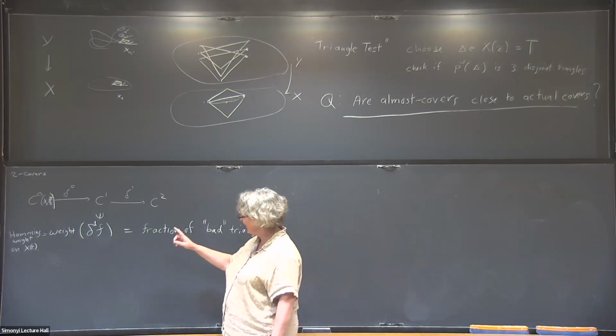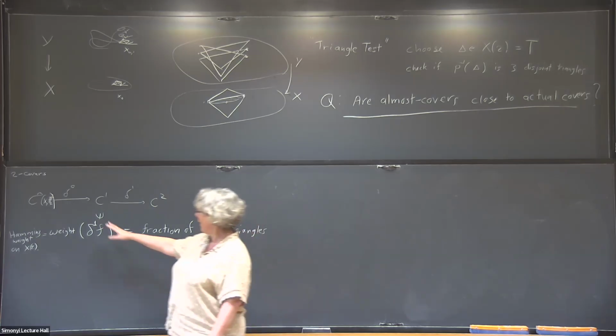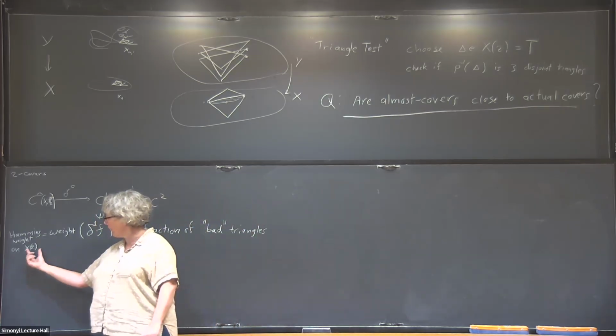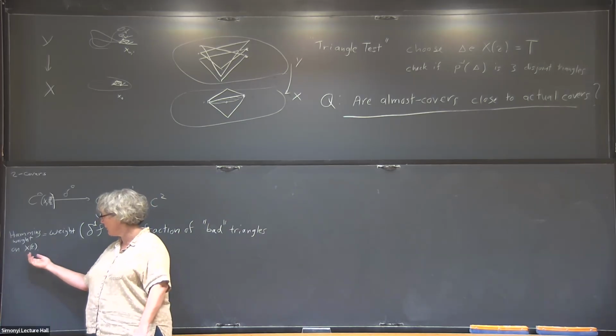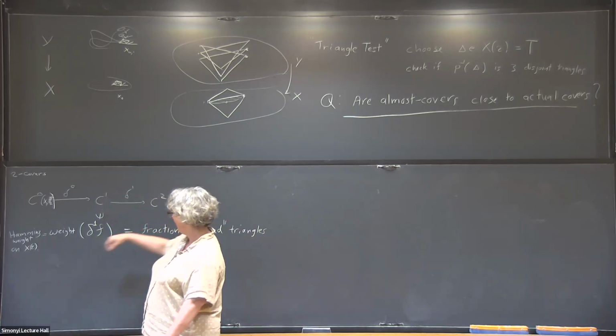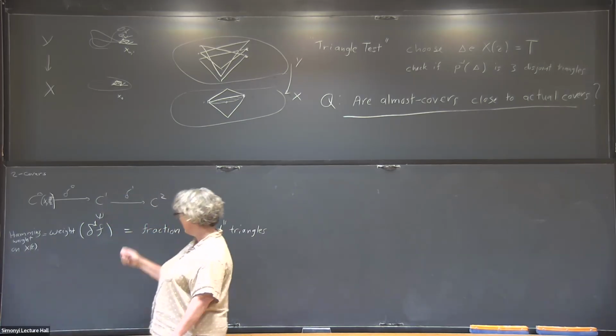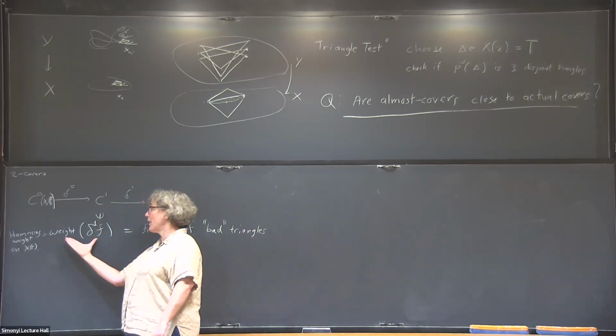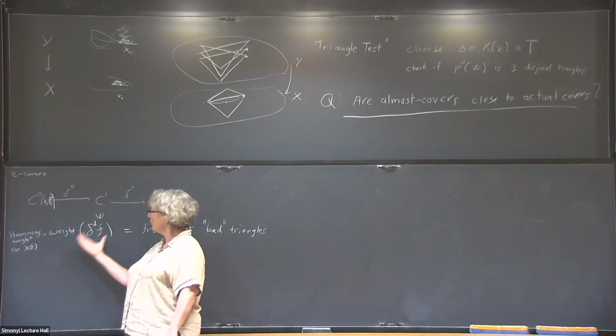So I'm just counting, for every triangle in the base space, whether the thing closes up. And there are two variants to how I compute this. Over F2, there's only really one way to compute it.